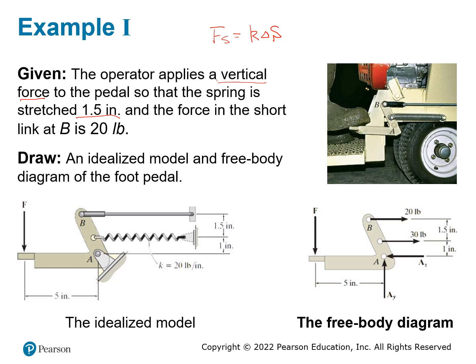To simplify this actual device, you can see this is a simplified picture of that. The force in the short link is this one right here at B. This is going to give you a force which is 20 pounds.